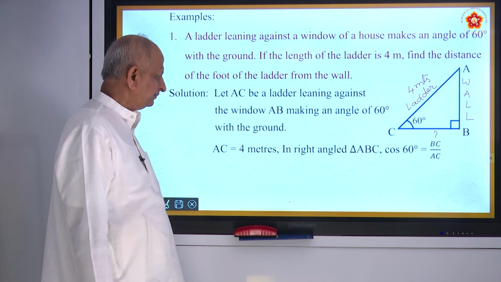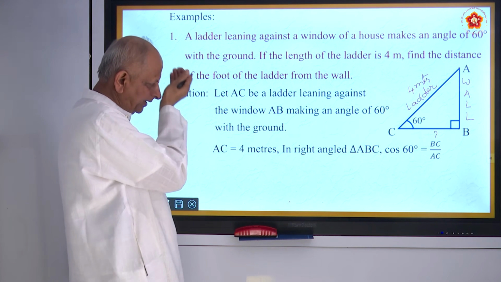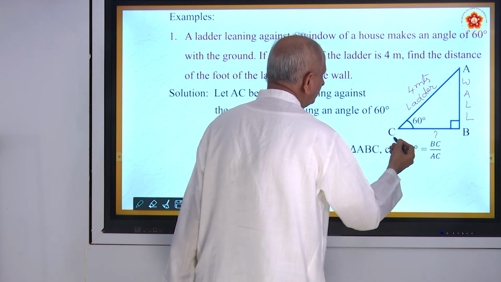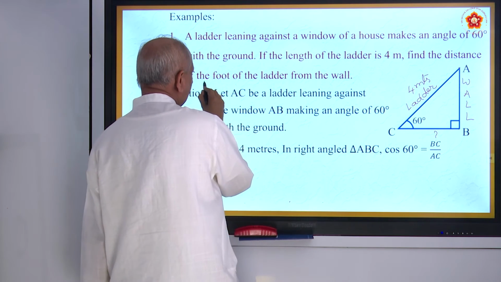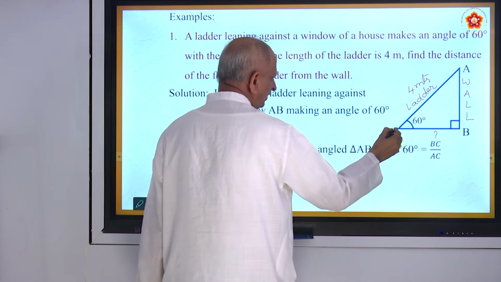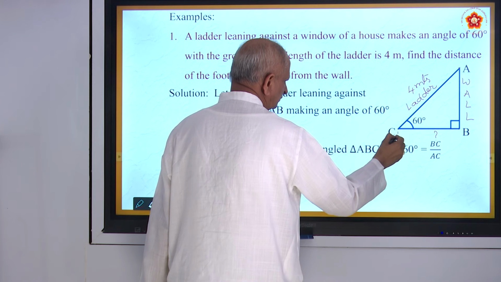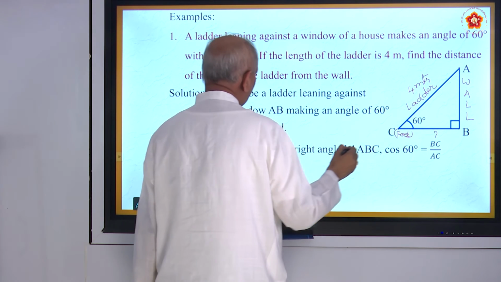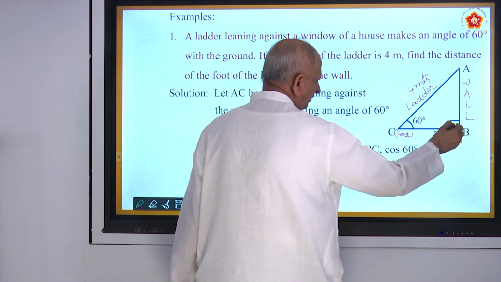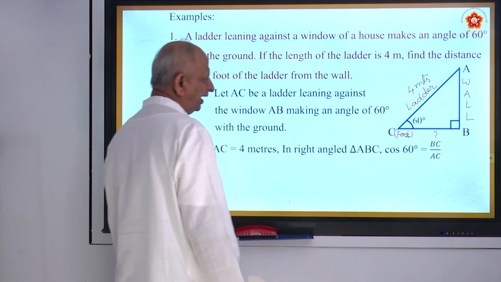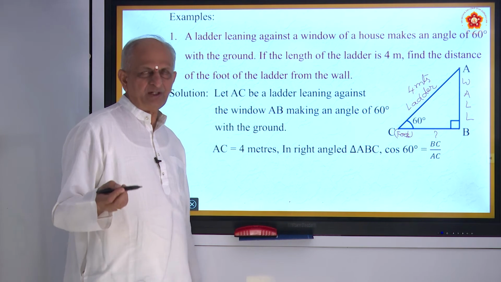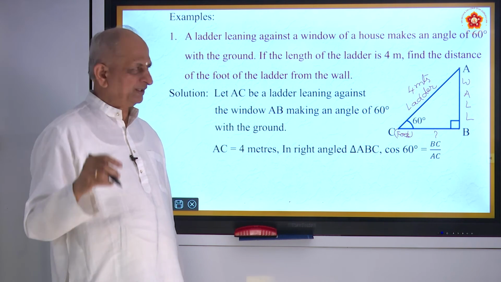So how to do it? Here they are asking BC. Find the distance of the foot of the ladder from the wall. So they are asking BC. Usually in such problems, there will be two types of question. One is height.